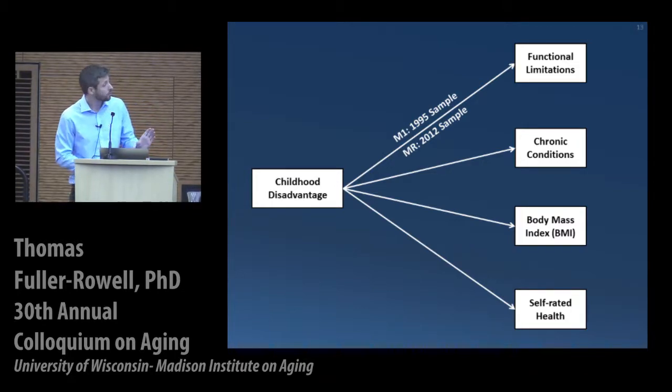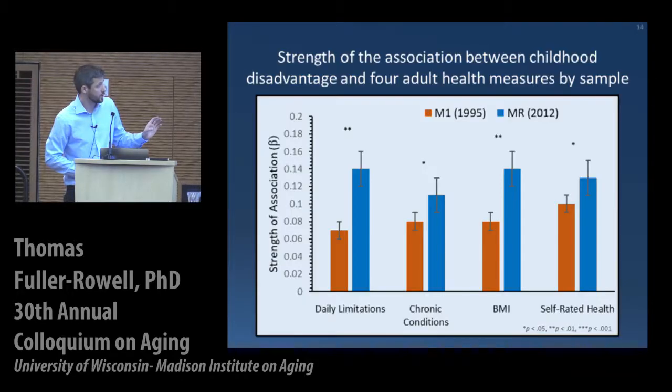Okay, so when we compared the strength of these associations across the two samples, here's what we found. The orange bars here represent the strength of the association in 1995, and the blue bars represent the strength of the association in 2012.